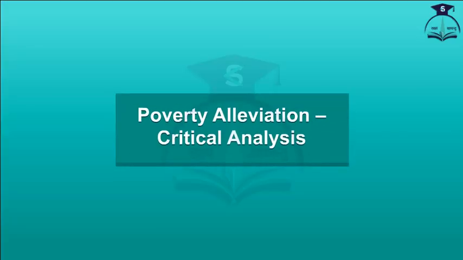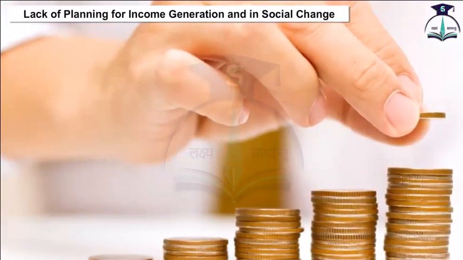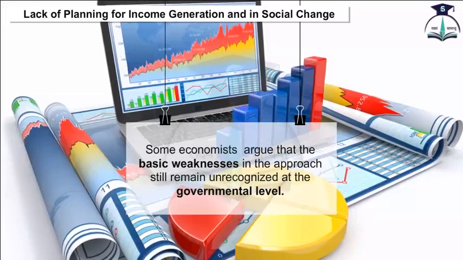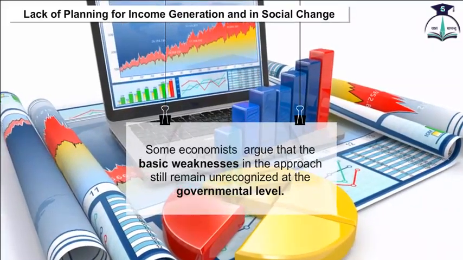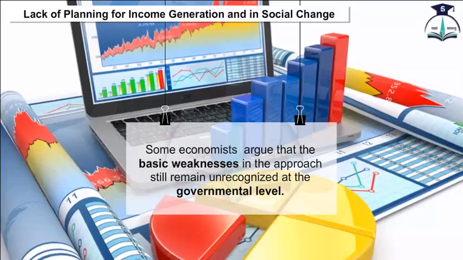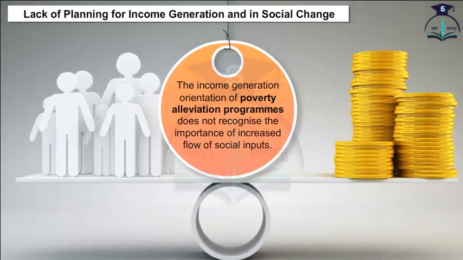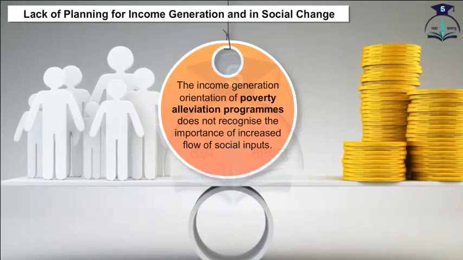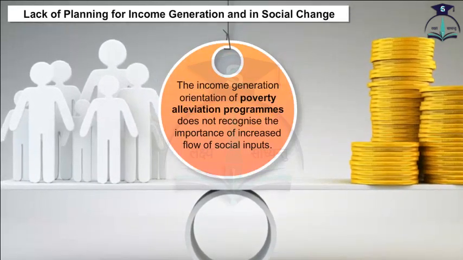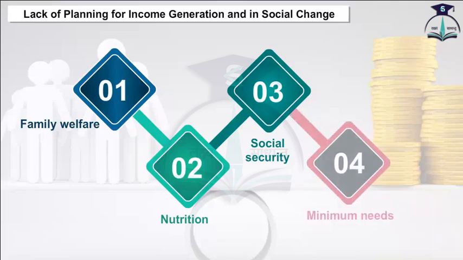Poverty alleviation critical analysis. Lack of planning for income generation and social change. Some economists argue that the basic weaknesses in the approach still remain unrecognized at the governmental level. The income generation orientation of poverty alleviation programs does not recognize the importance of an increased flow of social inputs through family welfare, nutrition, social security, and minimum needs programs on a long-term basis.